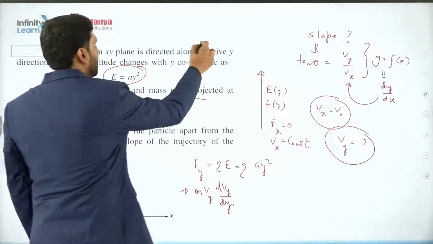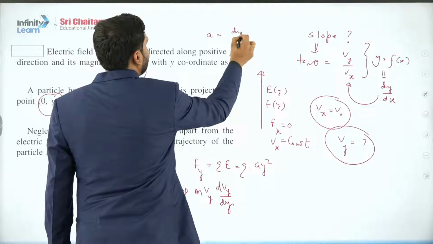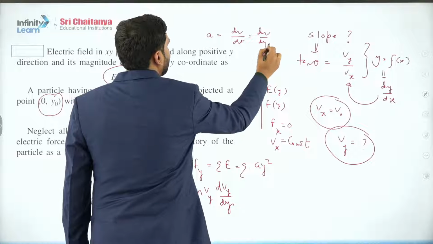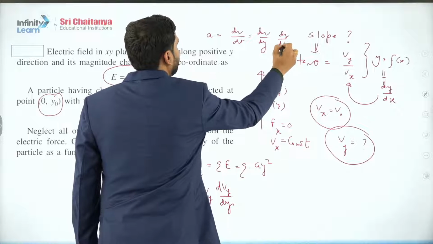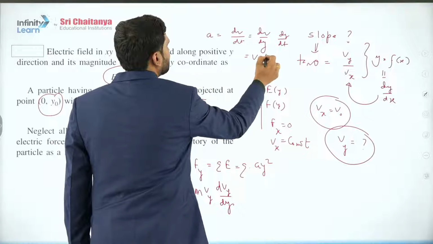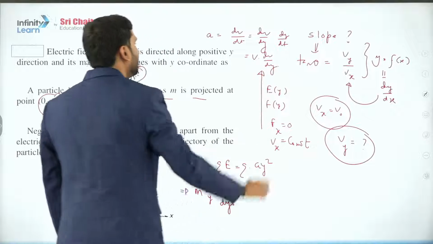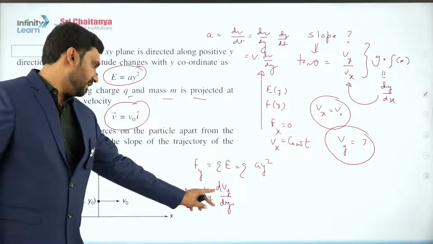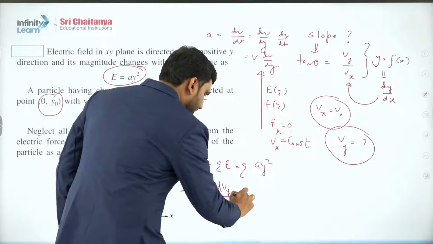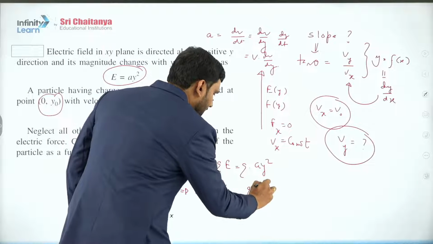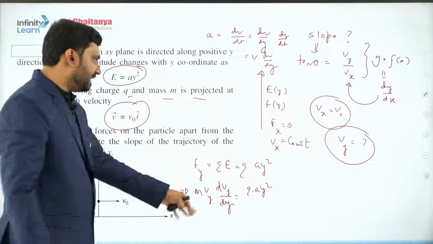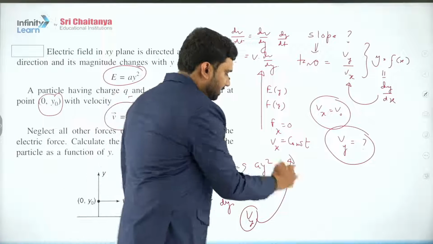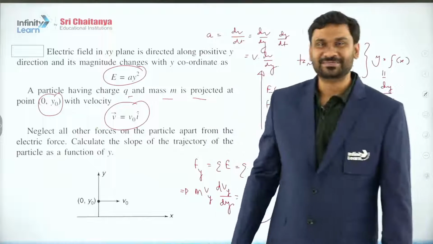When you are writing acceleration, either you can write dv/dt or you can write dv/dy into dy/dt. dy/dt is v itself, so you can write v dv/dy. To make you understand, along the y-axis I have written m Vy dVy/dy, which is equal to q into Ay square. If you integrate this, you are going to get Vy, substitute, and you will get the slope, correct?